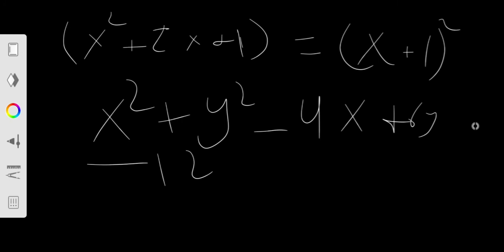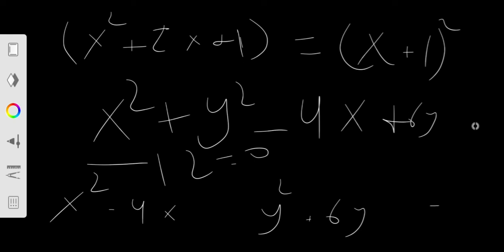So what I have here is x squared minus 4x, and then I'm going to leave a space, and over here y squared plus 6y, and the minus 12, I'm going to put on the other side, equals 12. In this space over here, I'm going to put a number such that I can complete the squares, okay?